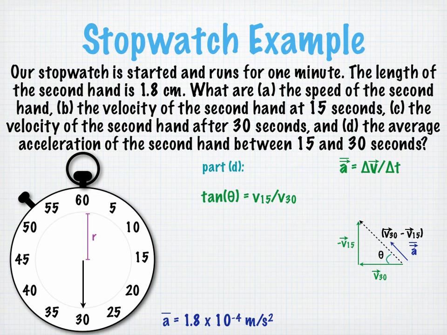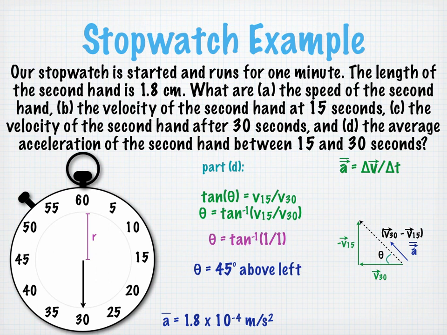Now we can solve this expression for theta. Since the magnitude of v15 and the magnitude of v30 are equal, we end up with theta being equal to the inverse tangent of 1. This gives us a value of theta equals 45 degrees above the left direction.